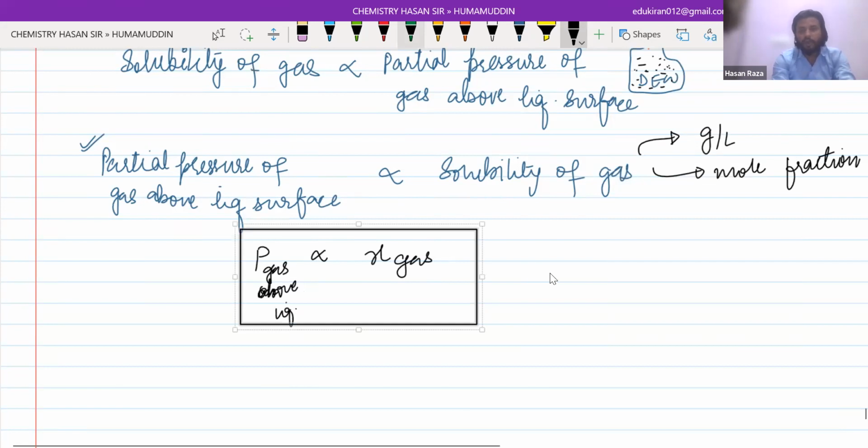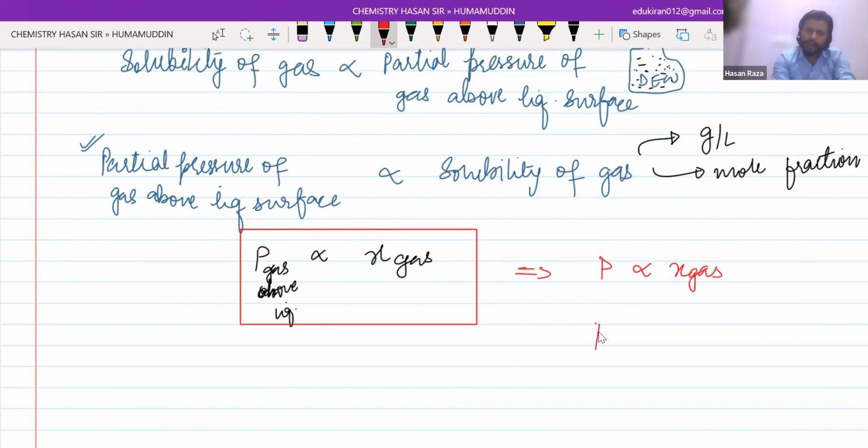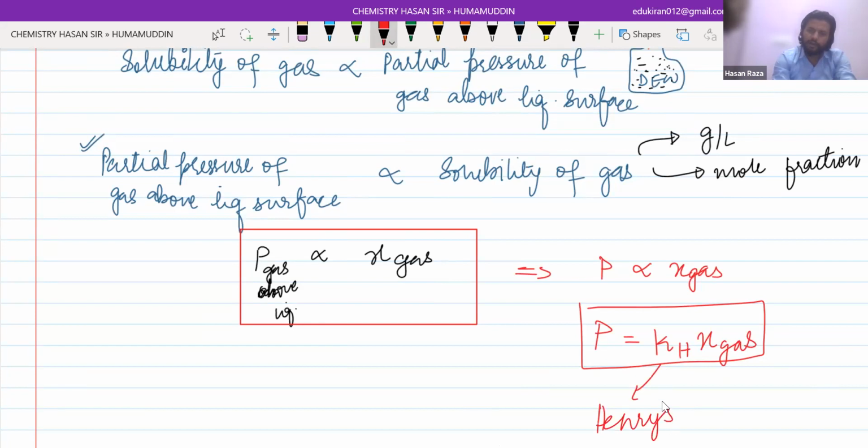To remove this proportionality sign, I'm going to write P directly proportional to mole fraction of gas, and then he uses a constant, that is Henry's constant. KH is the constant, and that is your Henry's constant. From here you can see we got a formula: P is equal to KH into mole fraction of gas. So please do write it.